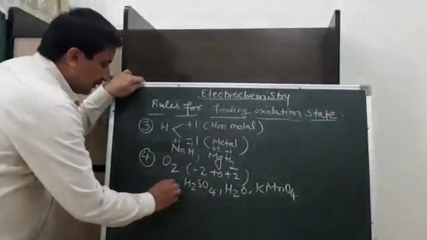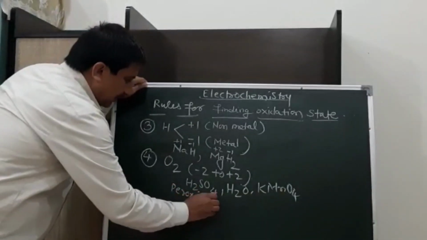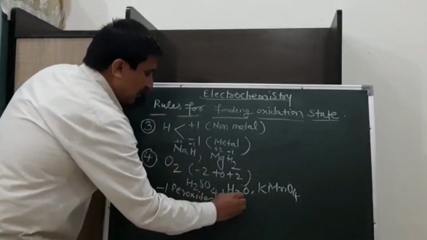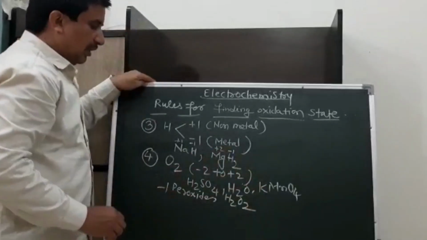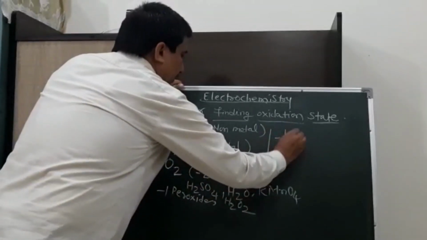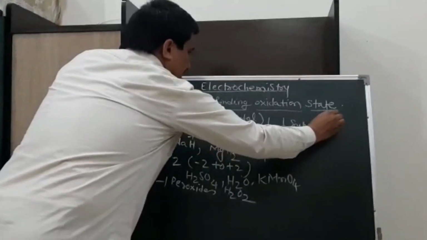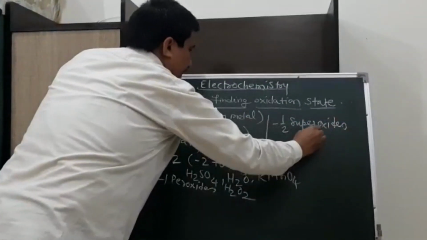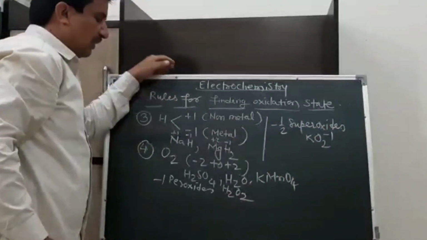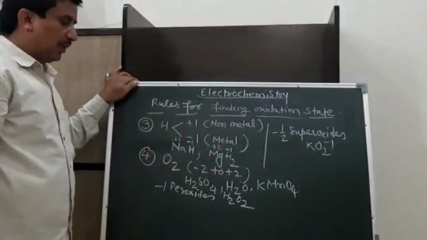In peroxides it shows -1 oxidation state, that is H2O2. In superoxides it shows -1/2. The example of superoxides is KO2. Okay, but the actual configuration we can show differently.